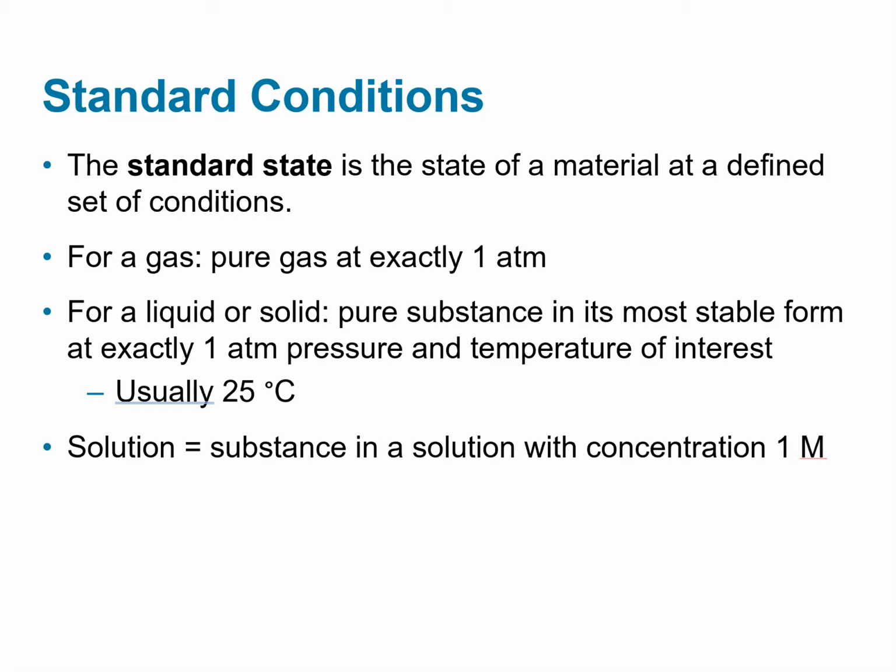And we can see them for what they are under standard state. And then we can add complexity as we see fit. So the standard state of a material is just a defined set of conditions. And for gases, standard state is 1 atmosphere of pressure. For liquid or solid, which is in pure substance, at 1 atmosphere, the temperature, which usually defines standard state, is 25 degrees Celsius. Usually.